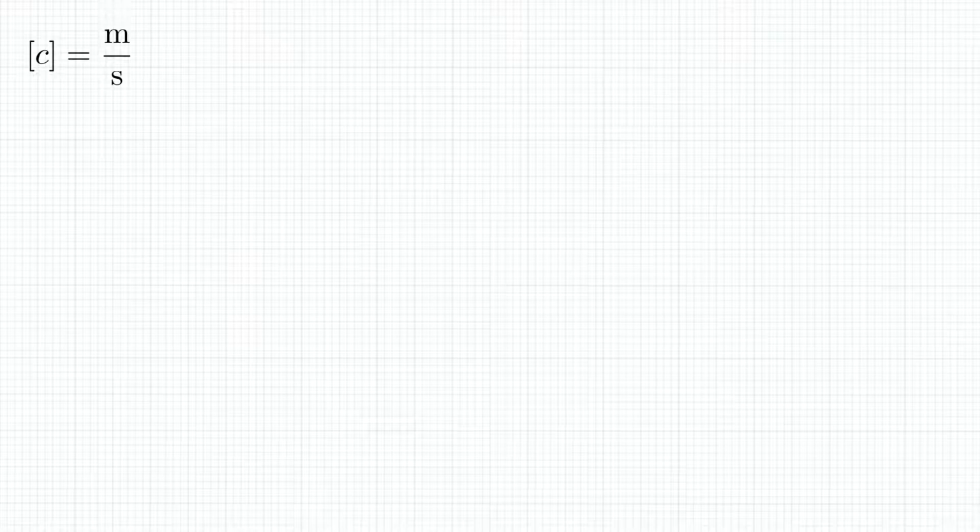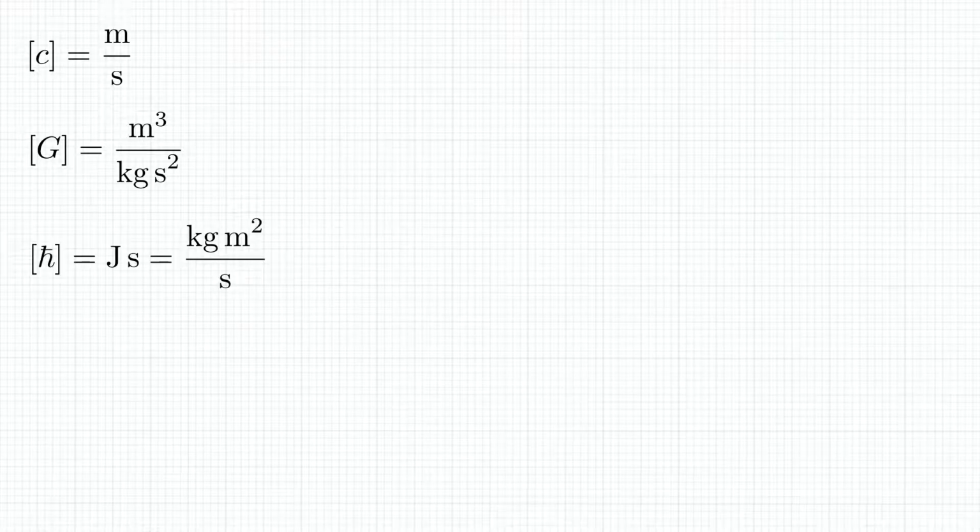By dimensional analysis for the constant c, we find length over time, or as I said in SI units, meters per second. For the gravitational constant G, we find meters cubed over kilograms seconds squared. For the reduced Planck constant, h bar, we find joule times second, which is kilogram meters squared over second.